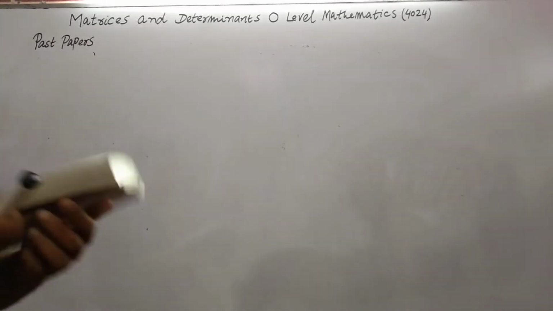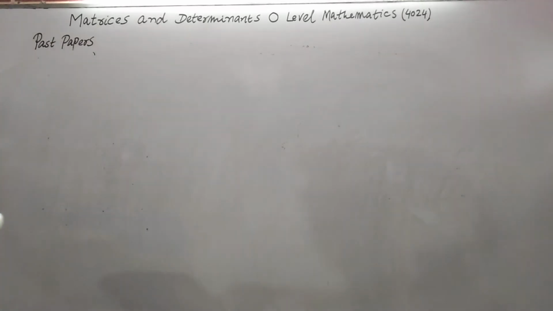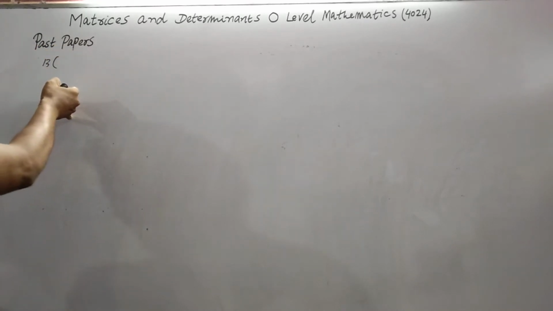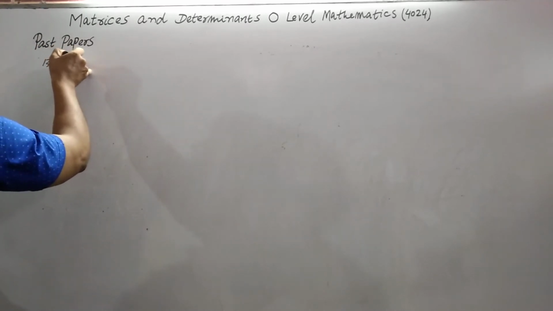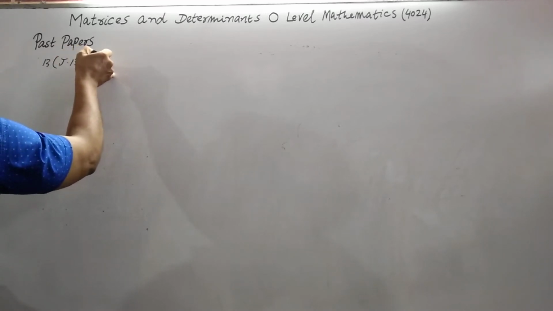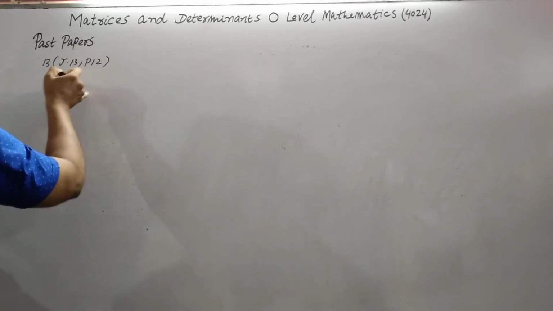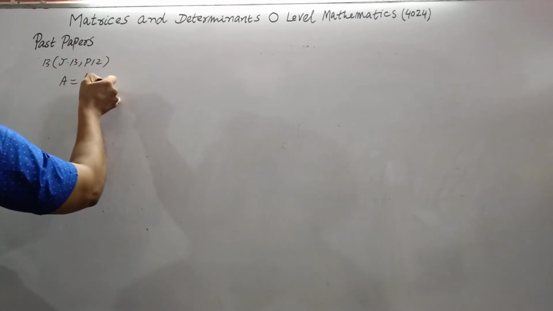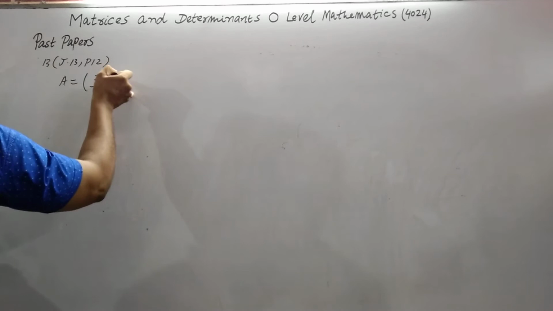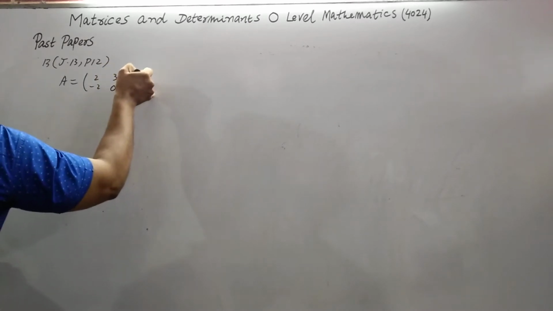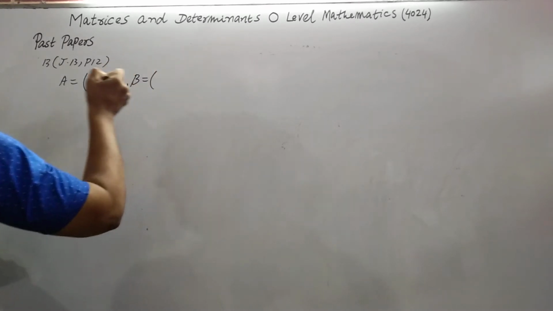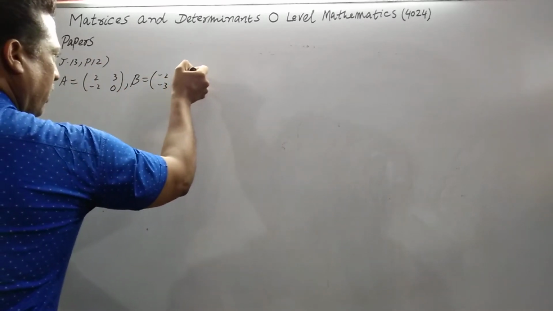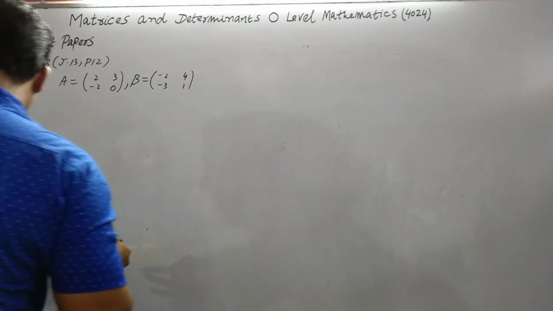The next question is question number 13. This question came in June 2013, paper 1, variant 2, and the question is: A is equal to 2, minus 2, 3, 0, and matrix B is minus 2, minus 3, 4, 1.